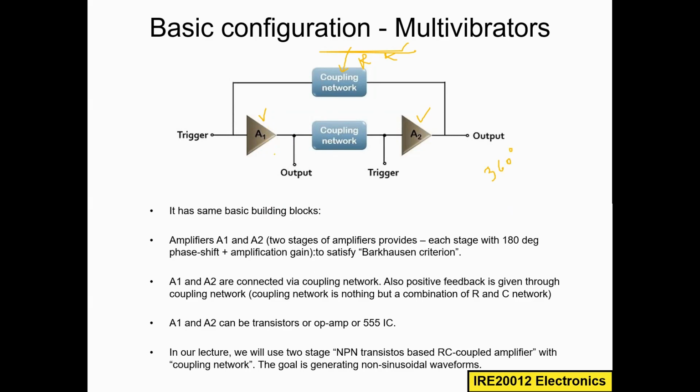A1 and A2 can be transistors, operational amplifiers or a 555 IC. Today in our lecture we will use NPN transistors instead of A1 and A2. The goal is generating non-sinusoidal waveforms. That is the function of multivibrators.